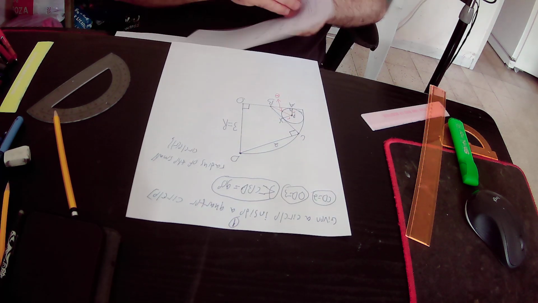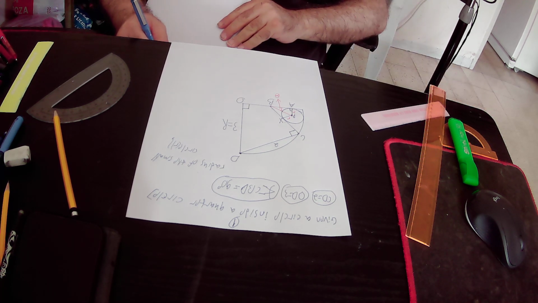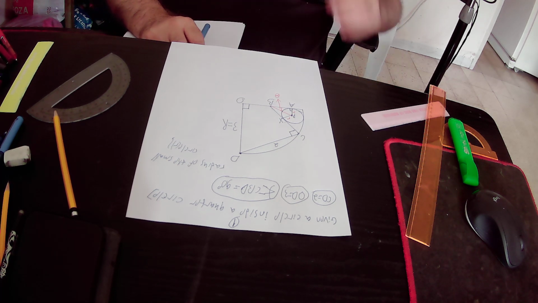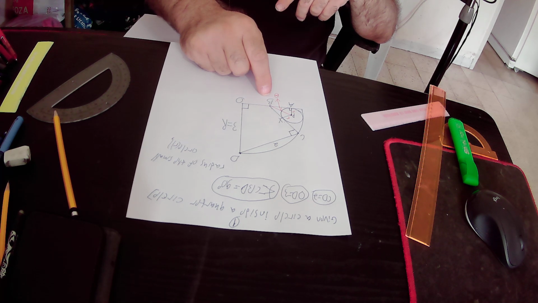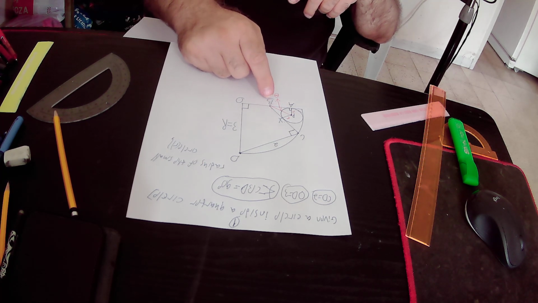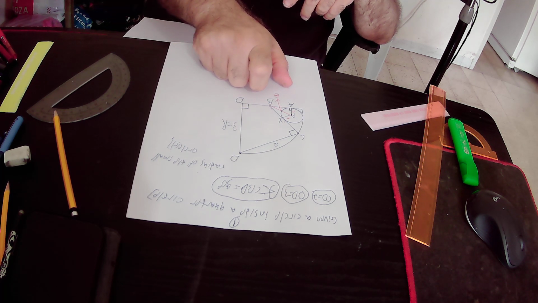So according to the two tangents theorem, if we draw two tangents to a circle from a common external point, that is to say from point B, then the lengths of those two tangents will be equal to each other.